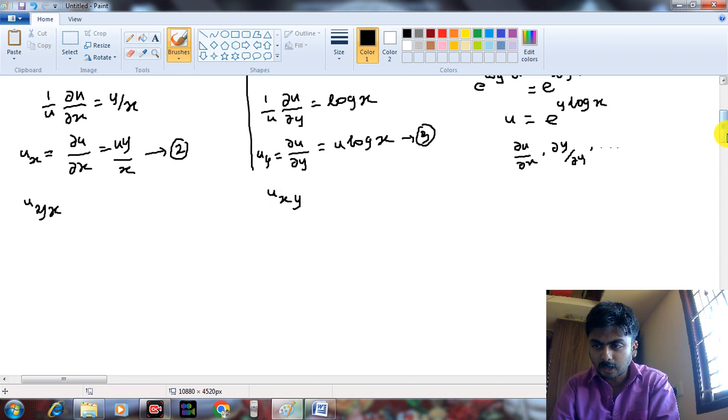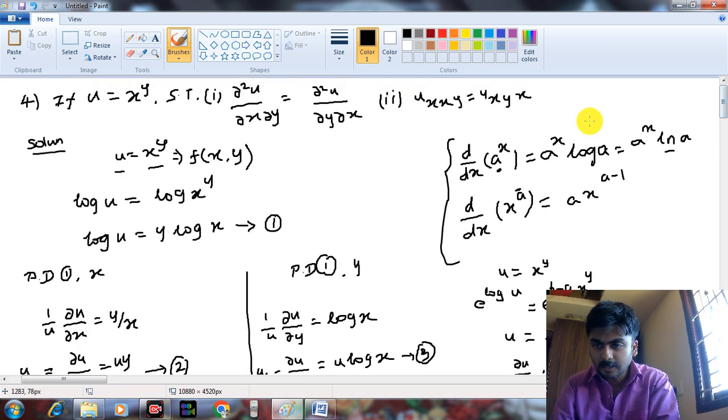because we have to understand one thing, in this second condition, if we are having uxxy, it means first we are differentiating u with respect to y, and then we are differentiating uy with respect to x, and after that we are differentiating uxy with respect to x.